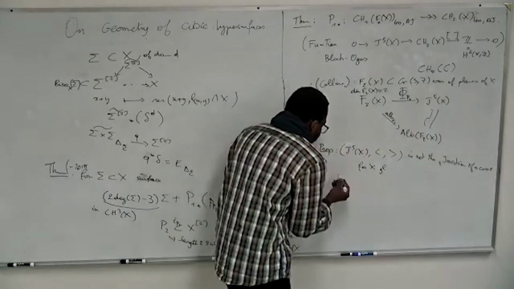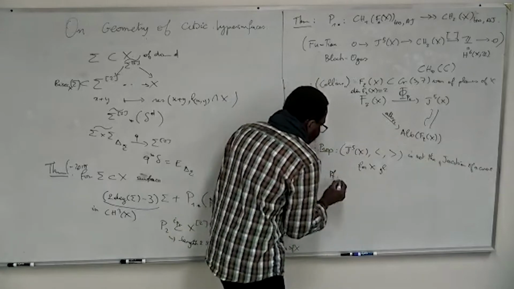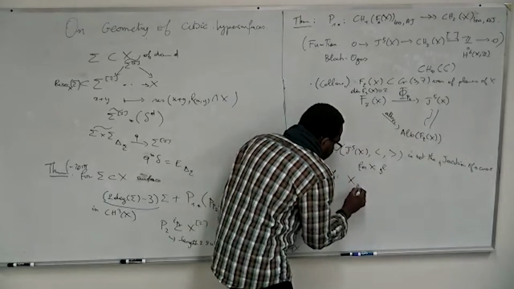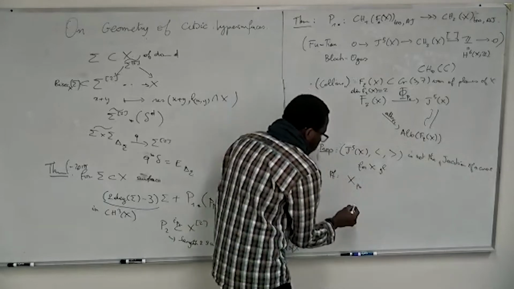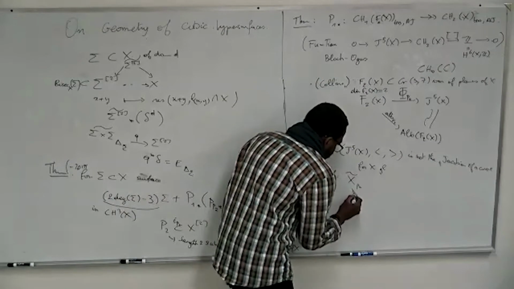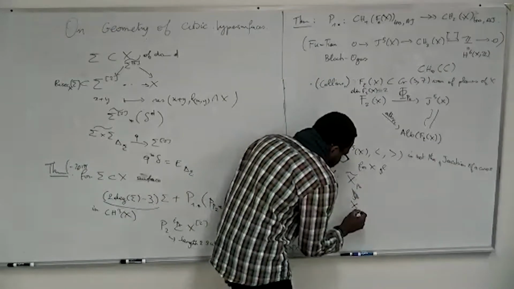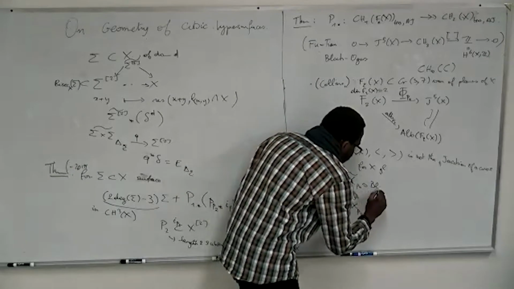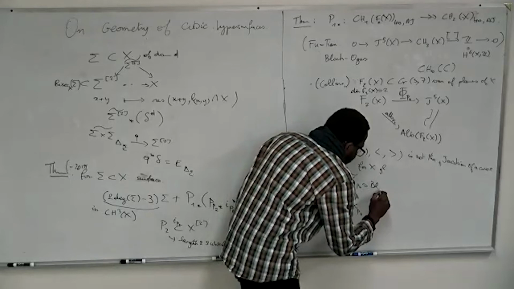But the idea is that when we degenerate the cubic to a cubic with one node, then the blow up of the node is isomorphic to the blow up of P5.